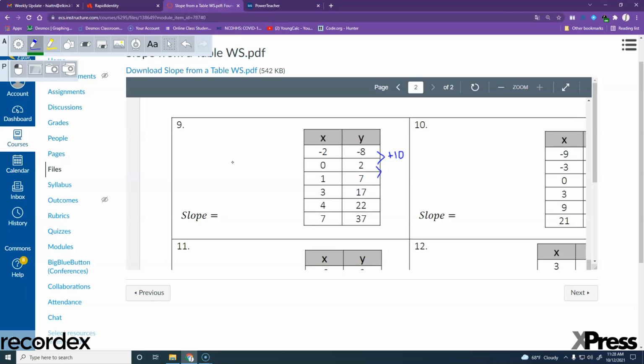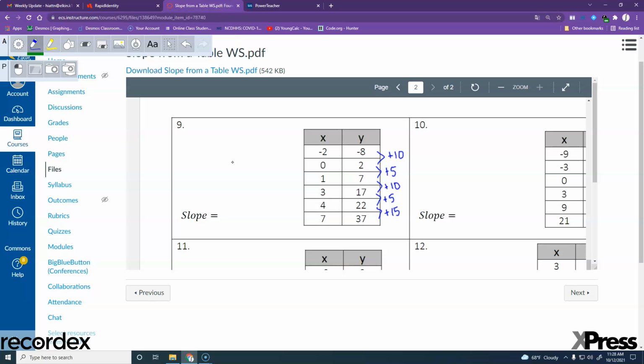But from 2 to 7, what happened? It went up 5. And 7 to 17, that'd be 10, right? 17 to 22, 22 to 37, 15.